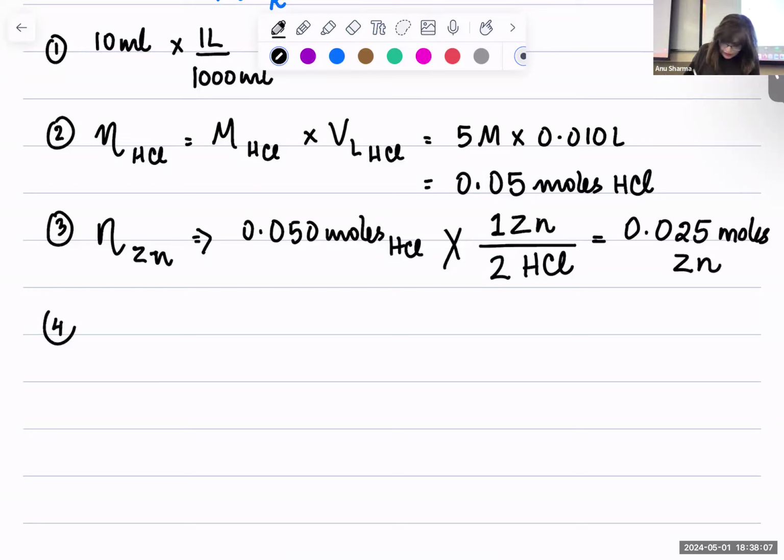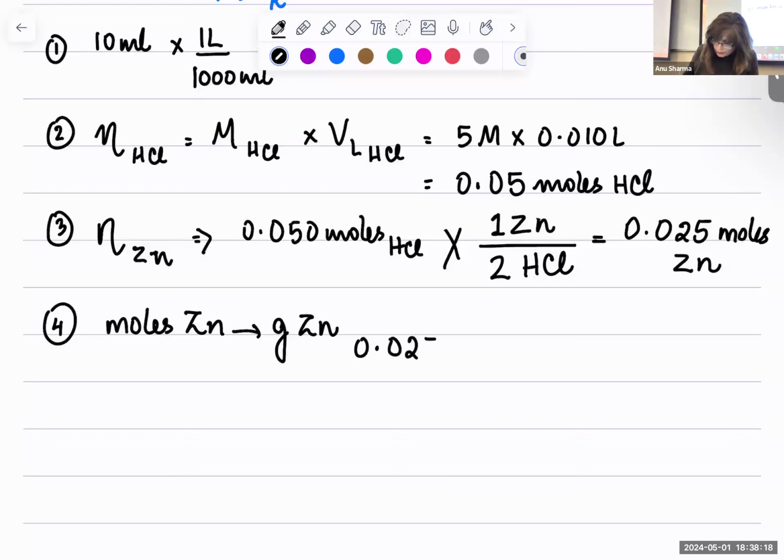After that, convert the moles of zinc to grams of zinc, right? And so here we have 0.025 moles of zinc multiplied by what?